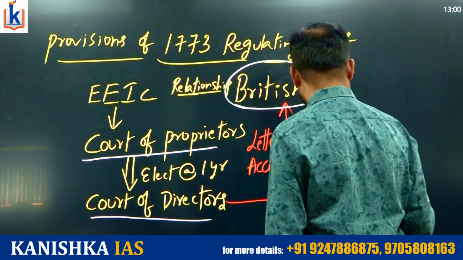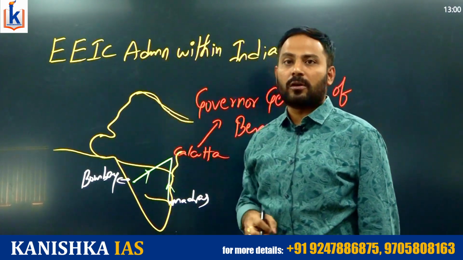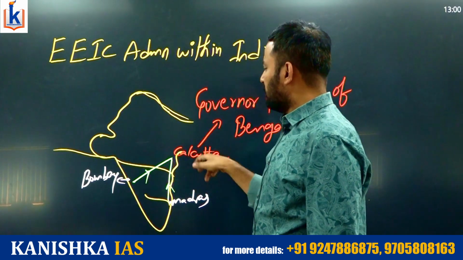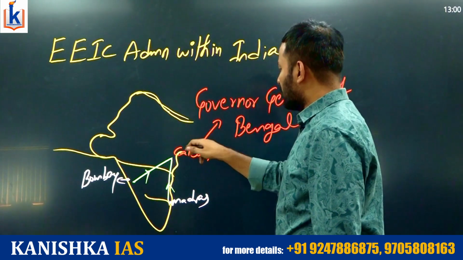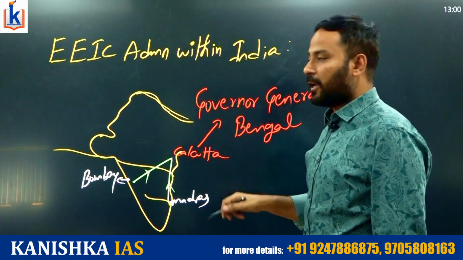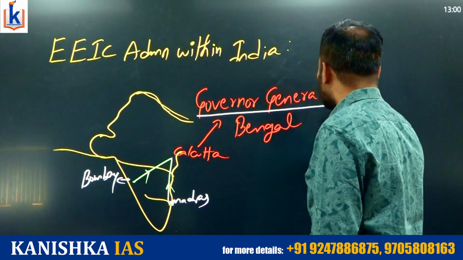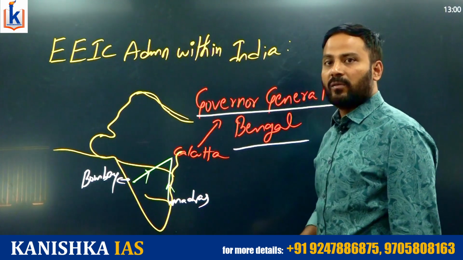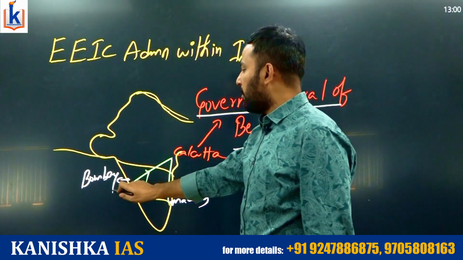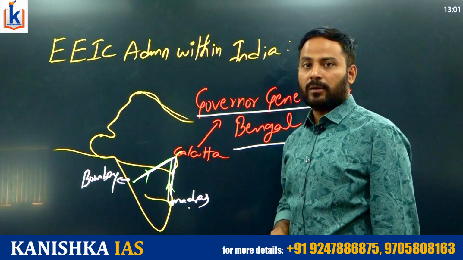Okay, and the next thing is what happened in the administration of the English East India Company with this act. I said that we have the 3 presidencies. Among the 3 presidencies, they made Calcutta superior. The Governor of Bengal was designated as Governor General of Bengal. In most of the affairs, Bombay and Madras were subordinated to the Calcutta Governor.